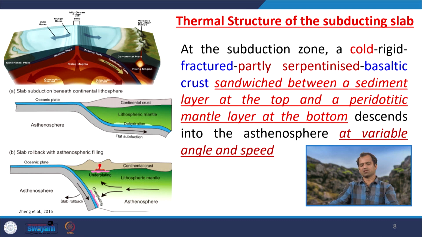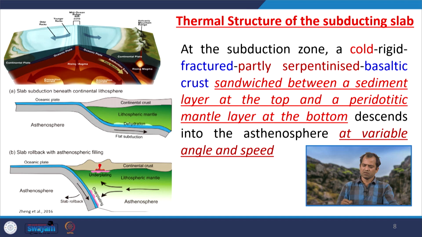Now, let us talk about the thermal structure of the subducting slab. This plate is the oceanic lithosphere, having a sediment layer at the top and the peridotite layer at the bottom. It is serpentinized, it is fractured.